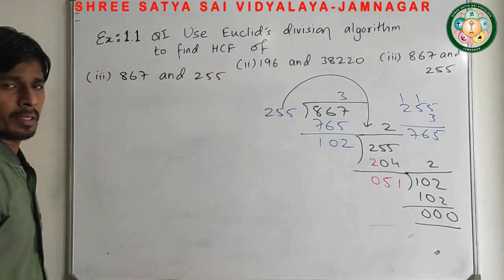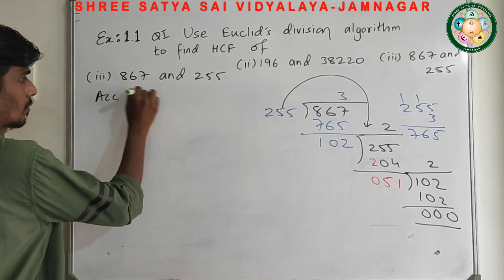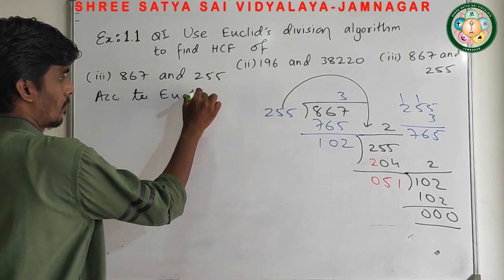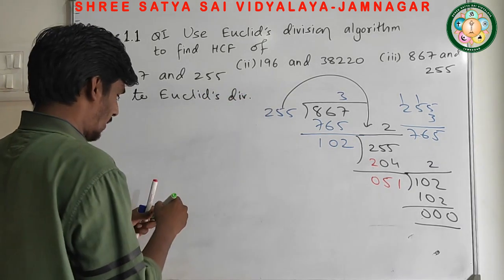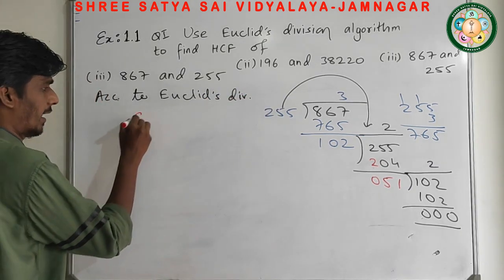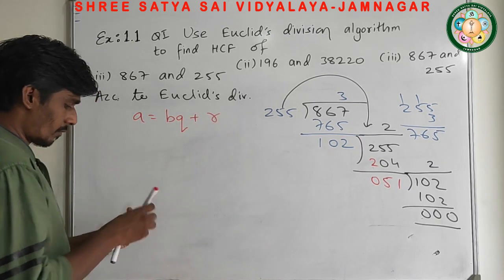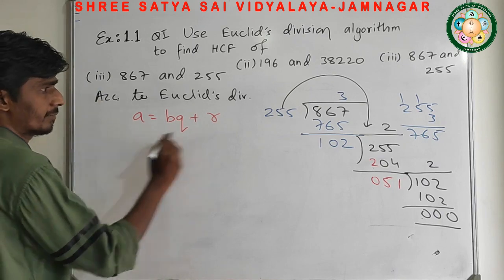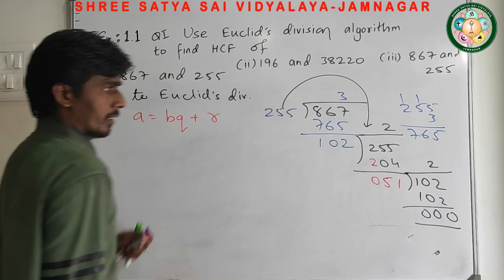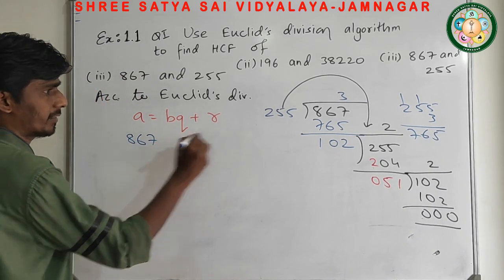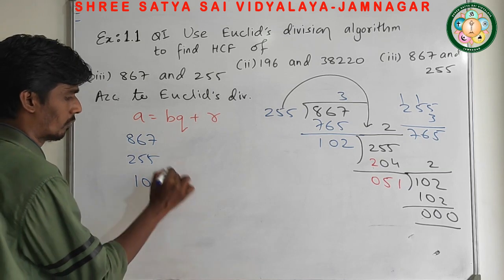Now we have to write down the method. Again, according to Euclid's division lemma, we can write A equals BQ plus R. Let's write all the dividends first: 867, then 255, then 102.